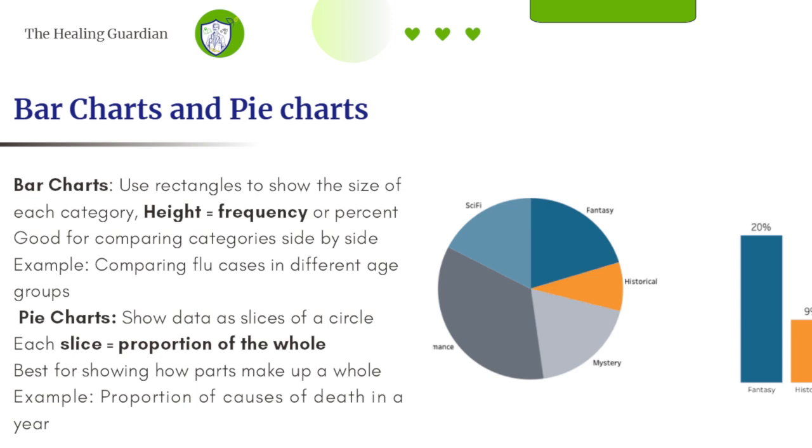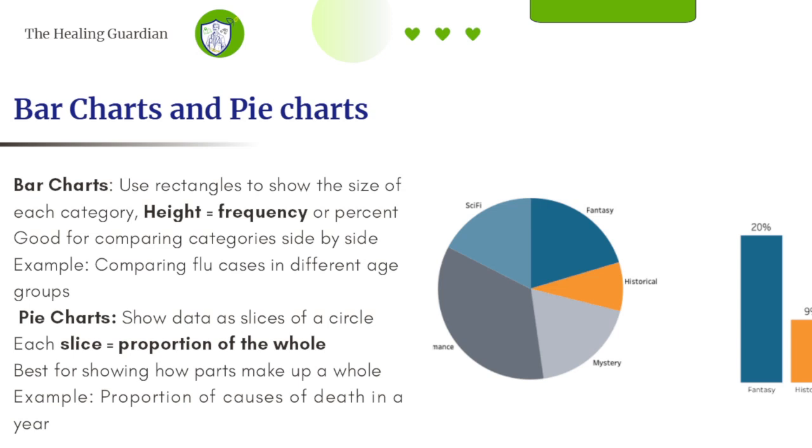It is important to note that bar charts and pie charts are mainly used for categorical data, that is nominal and ordinal, because many times categorical data is independent of each other. That is why we draw separate bars.